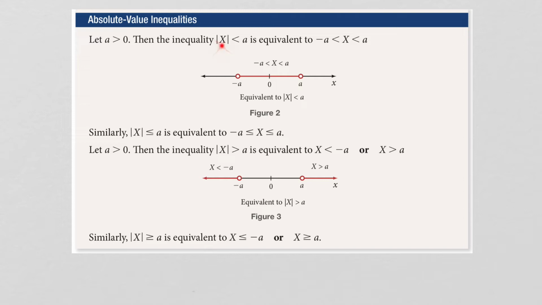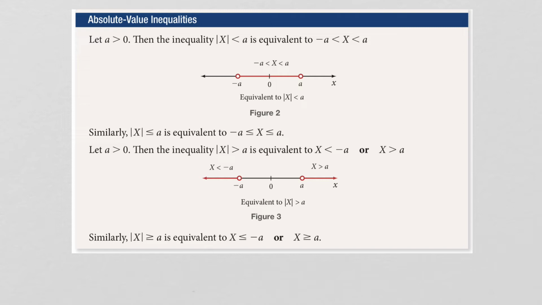Again, absolute value represents distance. So if x is a number whose distance from 0 is less than a, then that means the number x can be no more than a units to the right of 0, and it can be no more than a units to the left of 0. And that means it has to be a number between positive a and negative a.